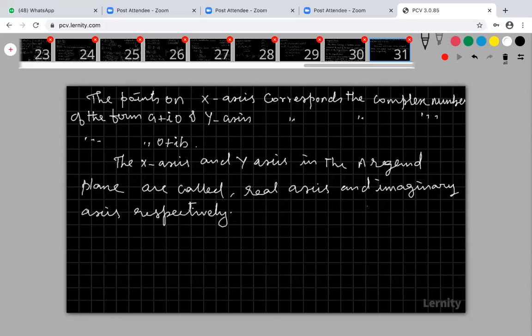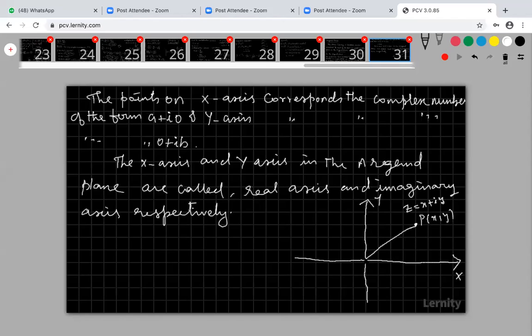Some students are asking, sir, what is conjugate? One of the students asked that. See this diagram. Suppose I am taking P here, this is some x comma y. X comma y means my complex number is x plus iy. The complex number is x plus iy, but when you represent it, it is the point x comma y.